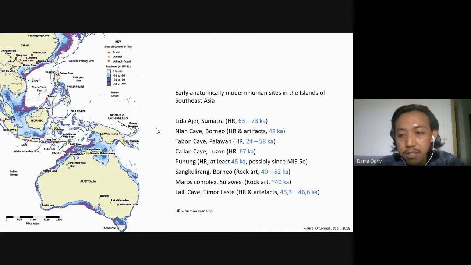Several sites with different chronology are distributed all over various landscapes in this region, from Lida Ayer in the western side, Tabon and Niah Cave in the northern part, and Punung in the southern part, and also Maros and Mata Menge in the Wallacea in the eastern part.